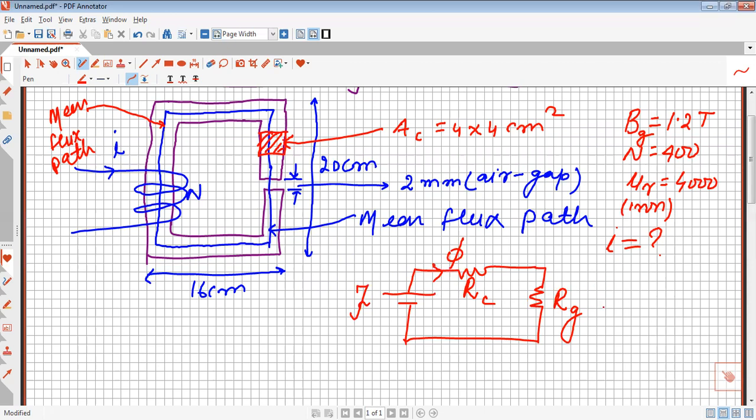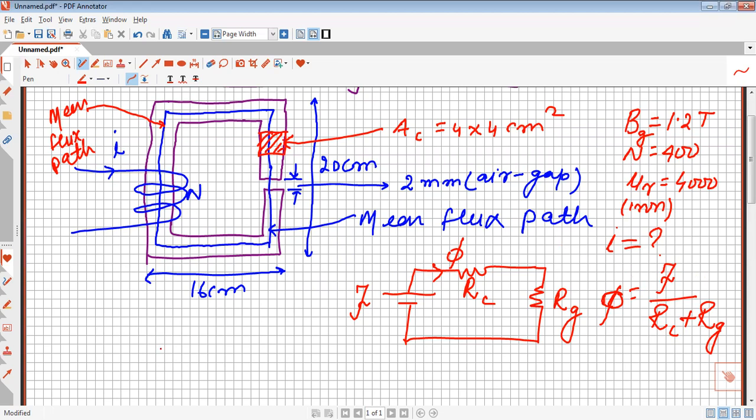So from here we can write flux phi equals MMF divided by the reluctance of the core plus the reluctance of the gap, where MMF is the number of turns multiplied by the current. If we know the flux, we can find the current easily.